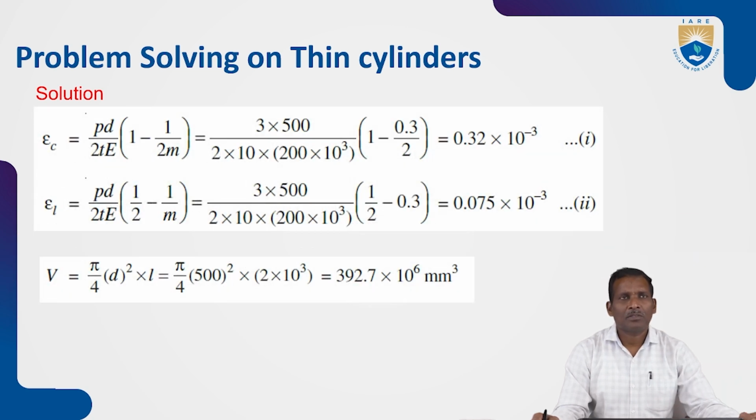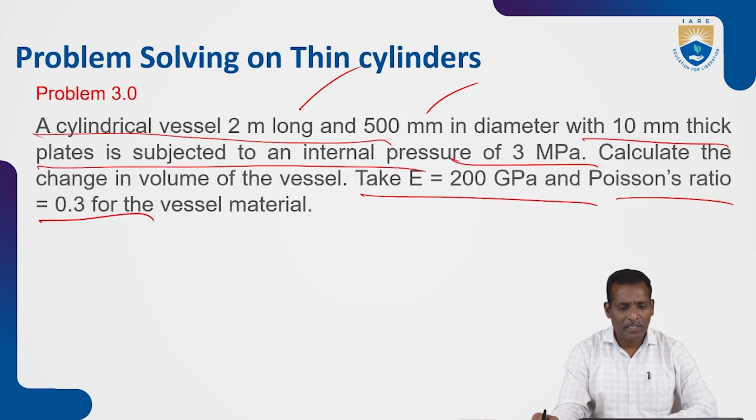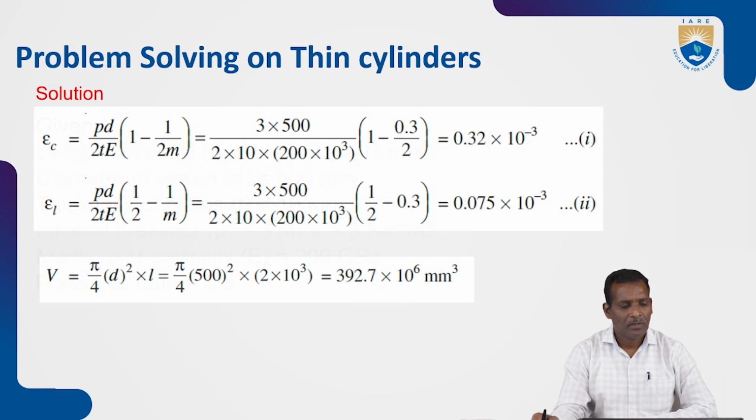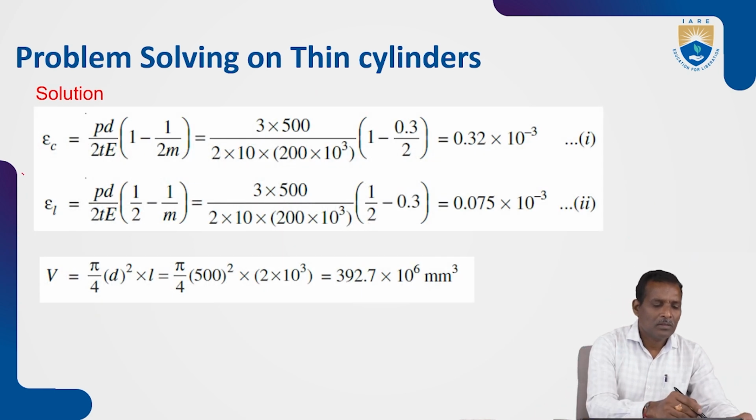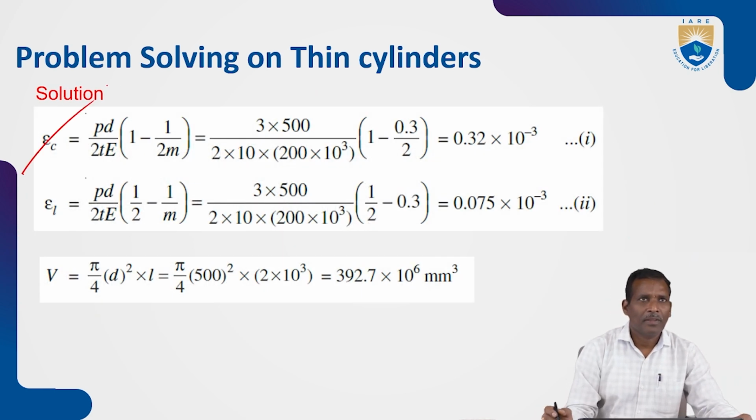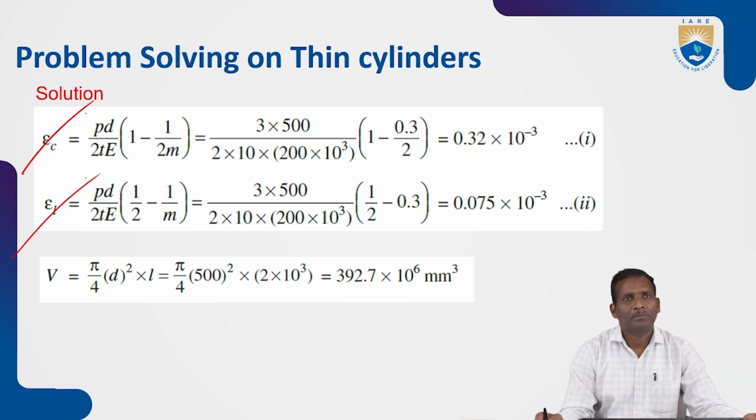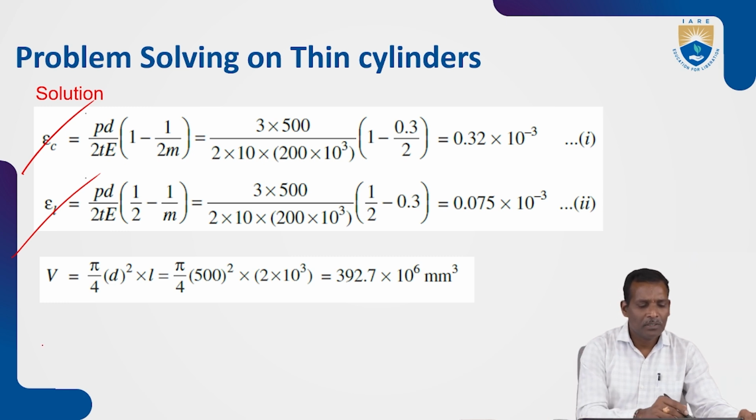So now substitute the formulas. So what he has asked here, calculate the change in volume of the vessel. So circumferential strain and then longitudinal. And then volumetric volume find out.